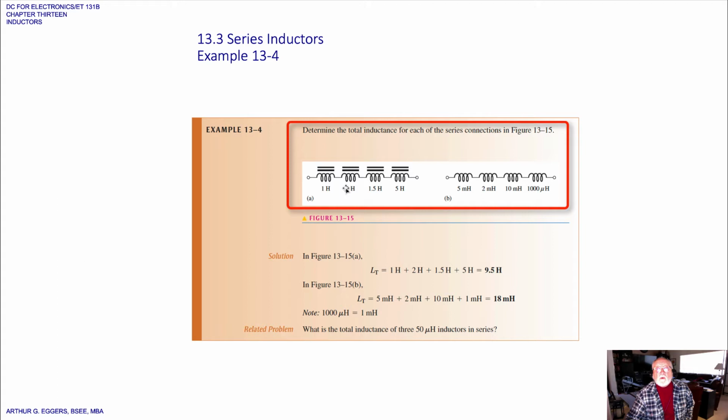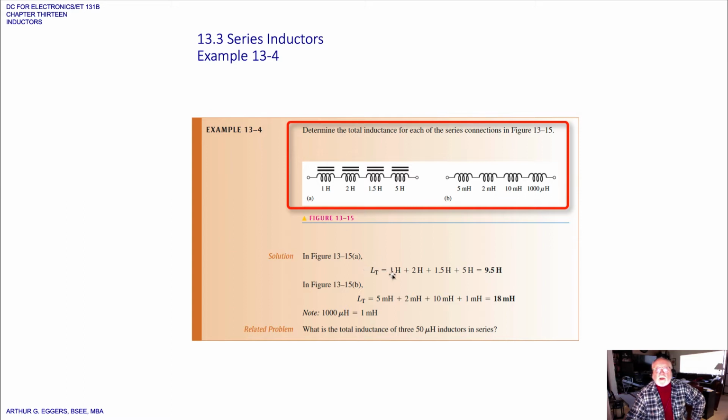In A, we see a 1, 2, 1.5, and 5 henry inductor, and in B, a 5 millihenry, 2 millihenry, 10 millihenry, and 1000 microhenry. On that one, we have to be careful to change our units to make it fit into the millihenry scheme.